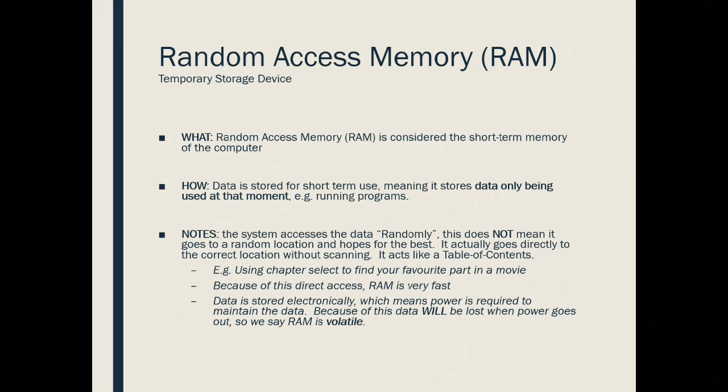It's unstable, which means when power goes out, we lose that data. The data is stored electronically, and in order to access it, it's not sequential, right? It's all stored in very select compartments, memory addresses, and when we go to access data, it uses something like a table of contents called a lookup table.